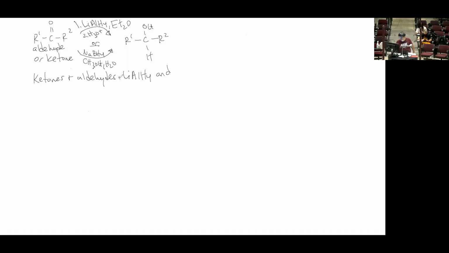So like I said, these two reagents are interchangeable as far as aldehydes and ketones go, but not for carboxylic acids and esters. So that's where we're going to turn our attention next. And what we're going to find is, let's even write it down.